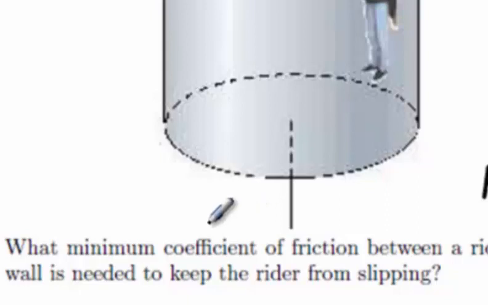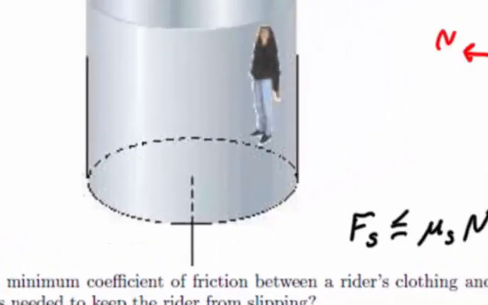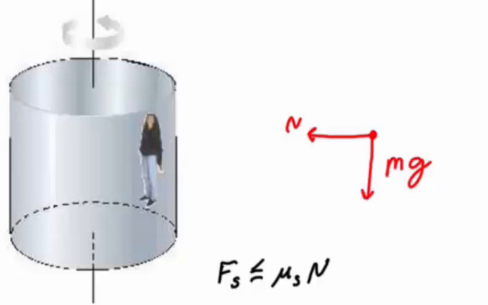This problem asks us what minimum coefficient of friction is necessary. Because we are asking for the minimum coefficient of friction, that means that the friction itself has become an extreme, and therefore we do have the special case where the static friction will be equal to mu s times the normal force.